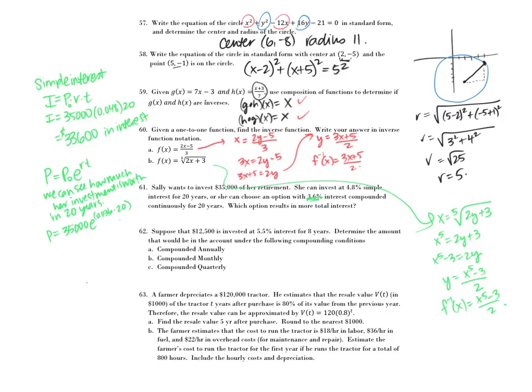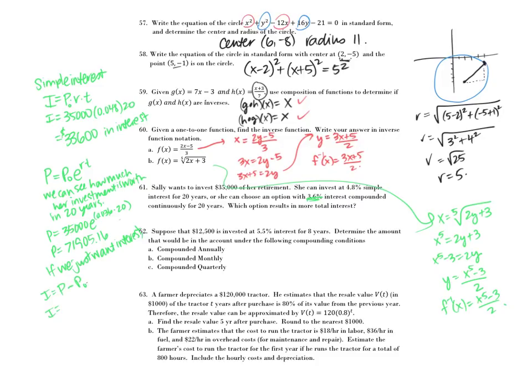Okay, so 0.036 times 20. So we get that her whole investment is worth $71,905.16. But that's including her principal. So if we just want interest, we can subtract: the interest is what it's worth minus our initial investment.